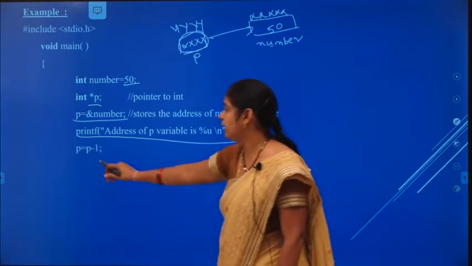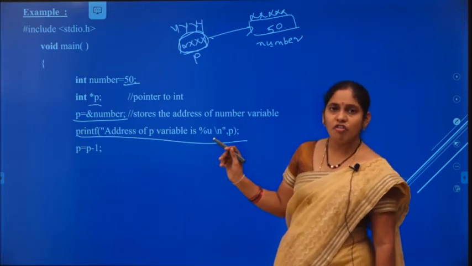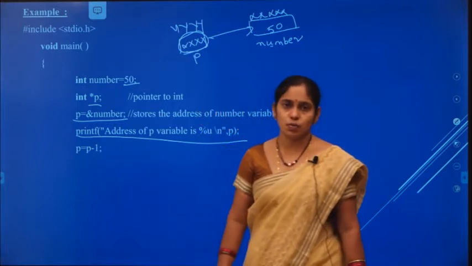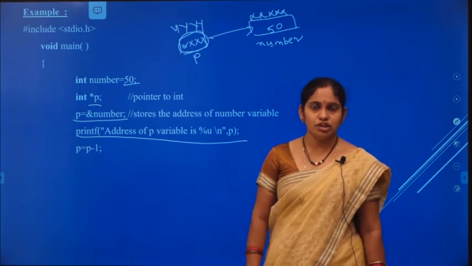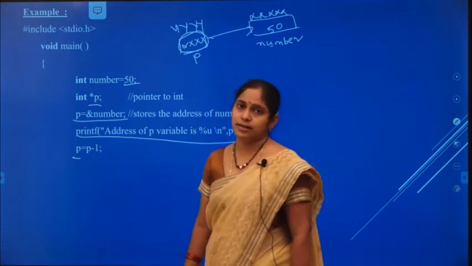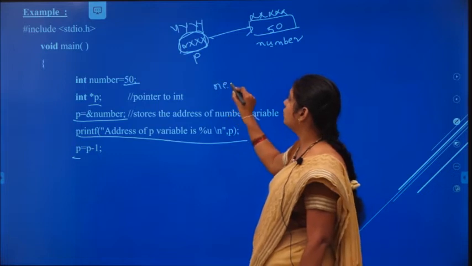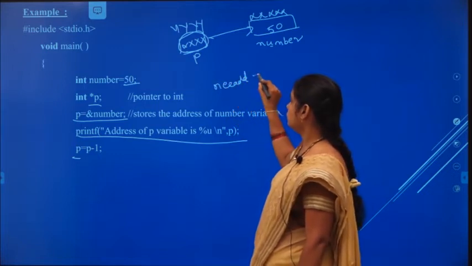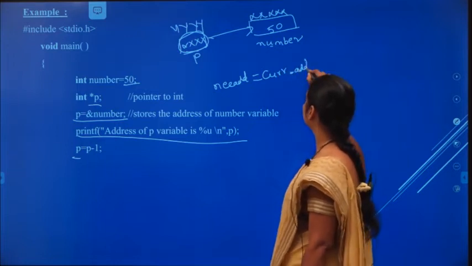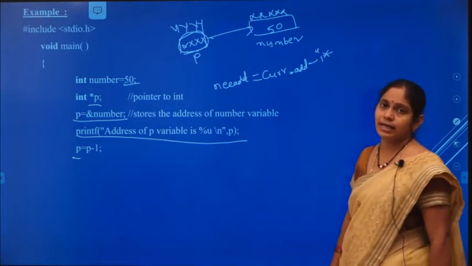After that we are decrementing it. Just for reference, first we printed the value of p, later we decrement it. So p equals p minus 1, which gives the new address. What is the syntax to decrement? New address equals current address minus i into size of the data type.